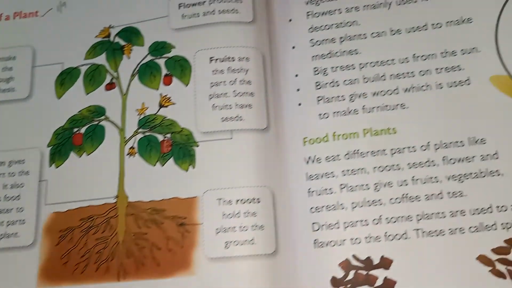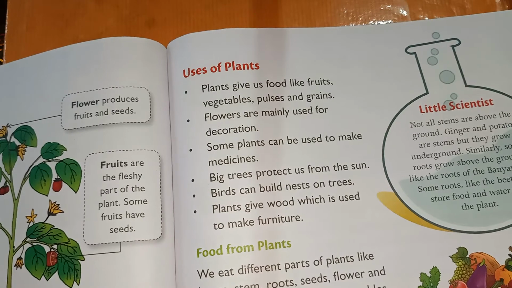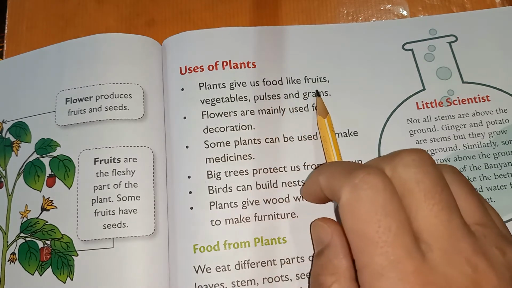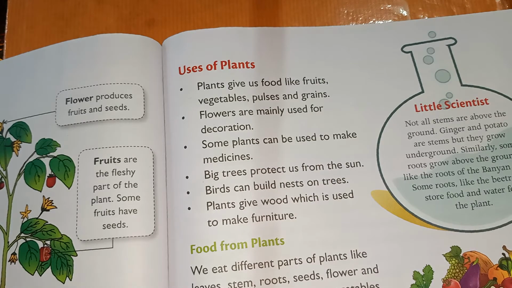We also learned that plants are very useful to human beings, and we use plants in different ways in our everyday life. Let us revise uses of plants now. Plants give us food like fruits, vegetables, pulses, and grains. Flowers of plants are mainly used for decoration.